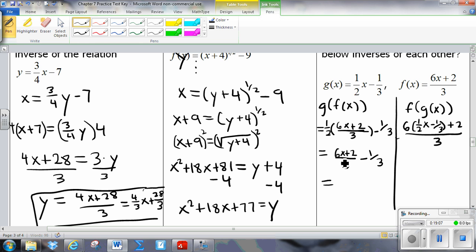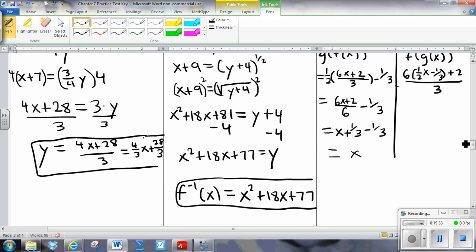So it's 6x divided by 6 and 2 divided by 6. 6x divided by 6 will just be x, and 2 over 6 reduces down to 1/3. So plus 1/3, and you subtract 1/3 also. 1/3 minus 1/3 is 0, so you'll just get an x. That's nice on that side because that's what we wanted.